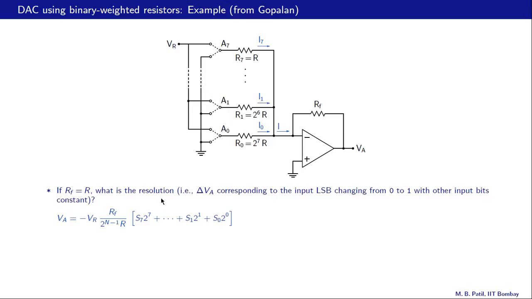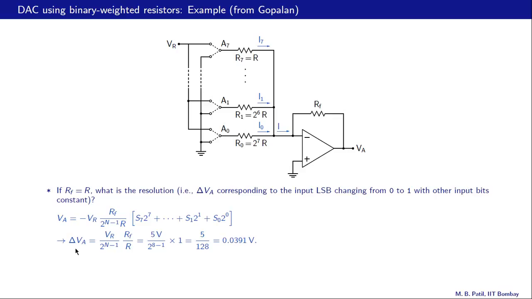And when we talk about resolution, what it means is we are allowing a change in this bracket by 1. And that is the same as saying that it is delta VA corresponding to the input LSB, this S0 here, changing from 0 to 1 with other input bits constant. Okay, we can now calculate the resolution.